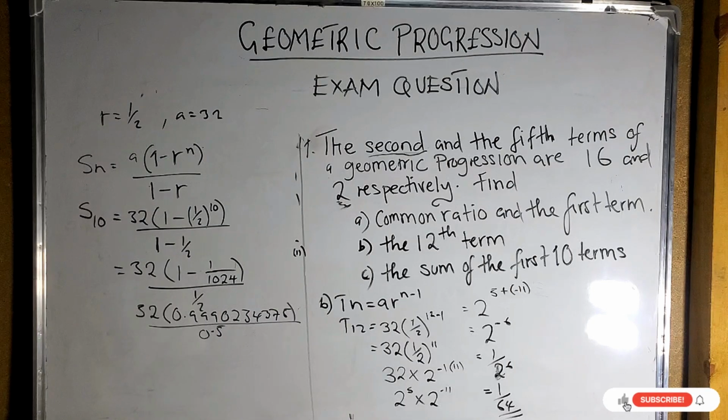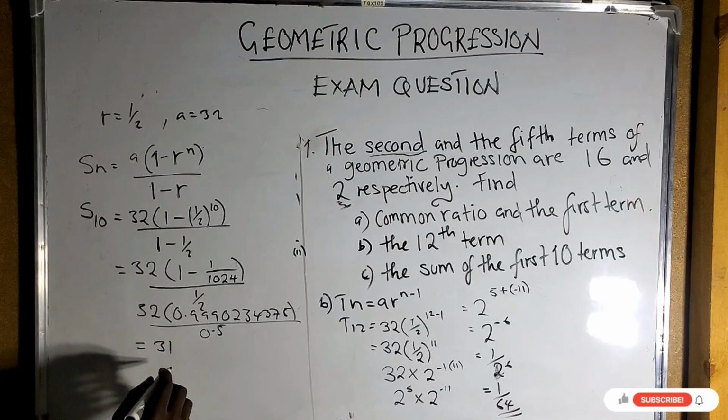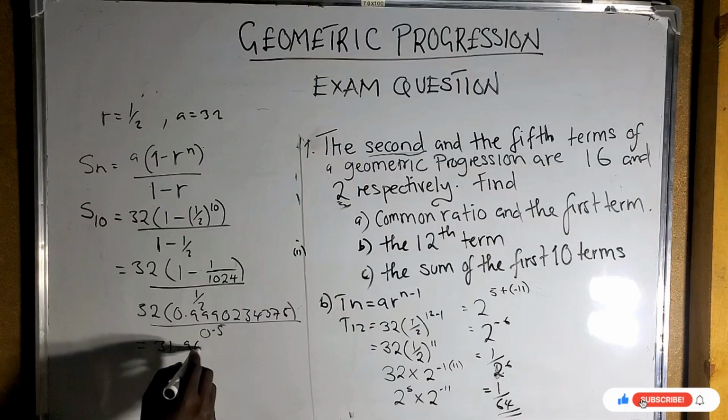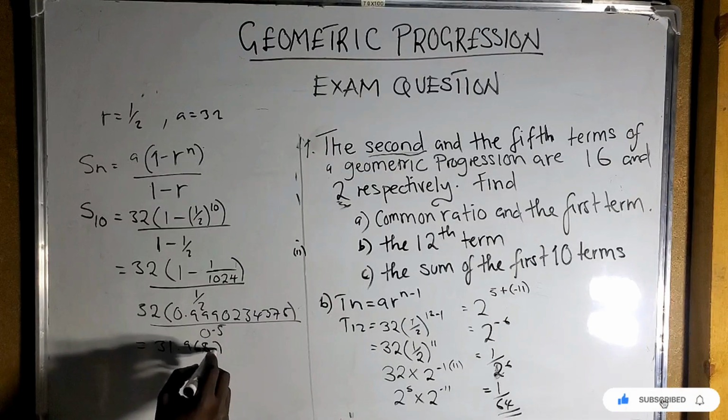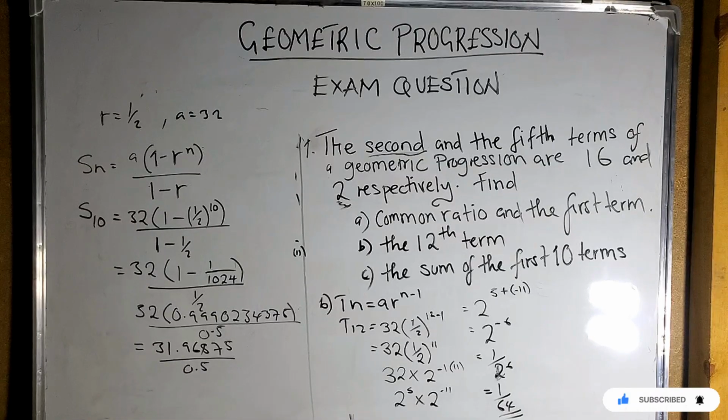So multiply the answer by 32. You are going to get 31.96875, divided by 0.5, which is just half. So I'm going to divide this one by 0.5.